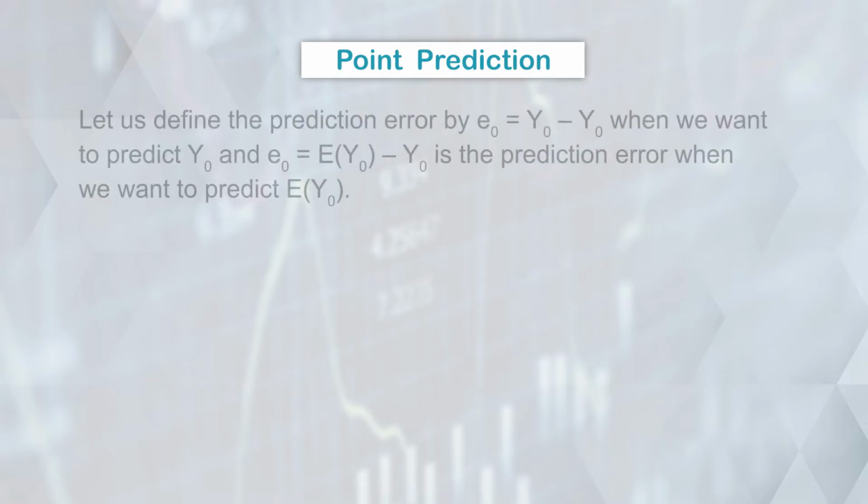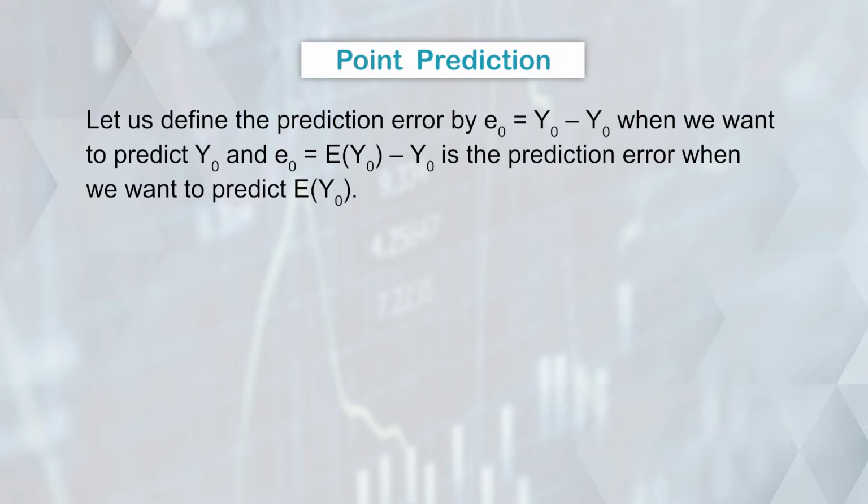So based on this, we go for the method of point prediction. When we are looking at the point prediction, we mean that error is the difference between the actual value of the y0 and the predicted value of the y0. And thereby when we find out the error e0, we can go for y0 as a random variable, which is the actual value.